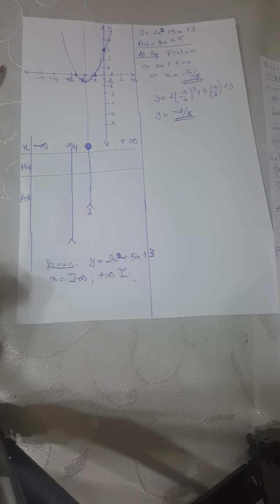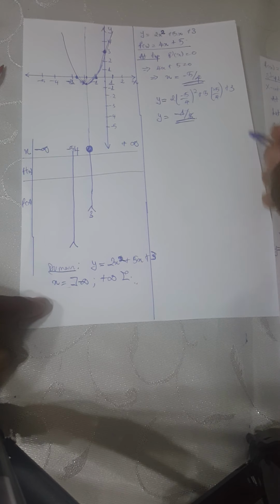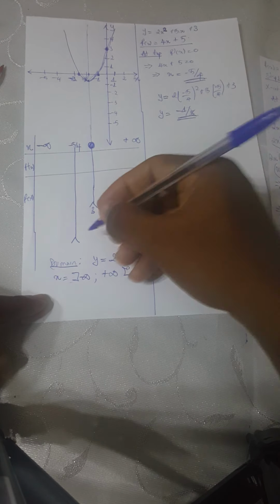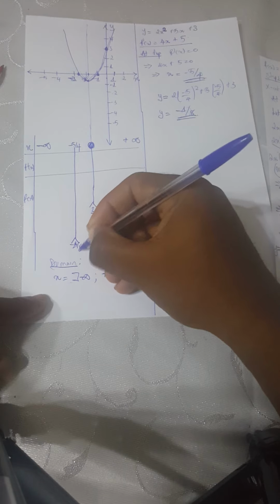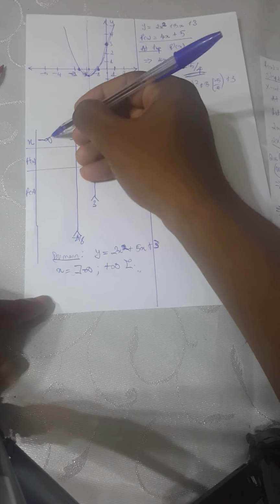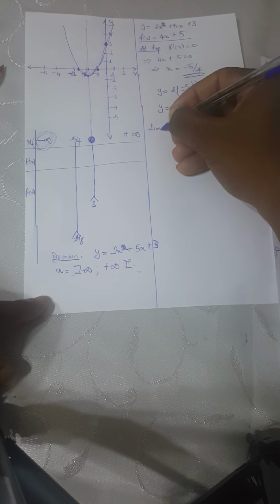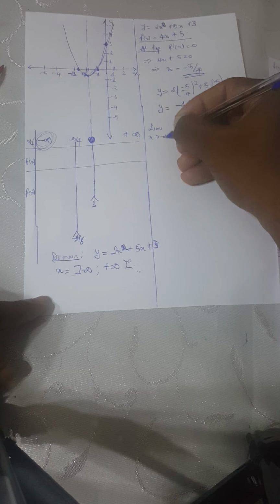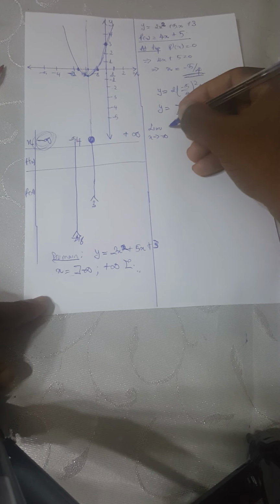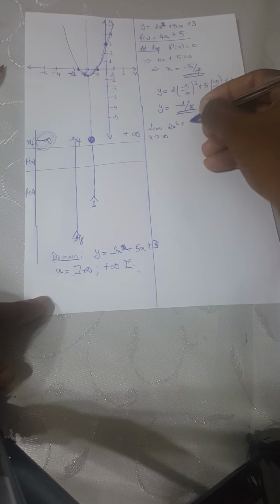Now, I'm going to ask myself several questions from the differentiation. So here will be negative 1 over 8. Again, in order for me to find the value of y when it tends toward infinity, I have to find the limit as x tends toward negative infinity of my function.